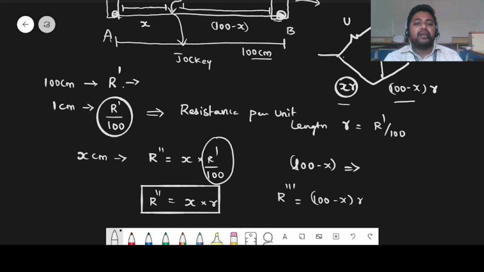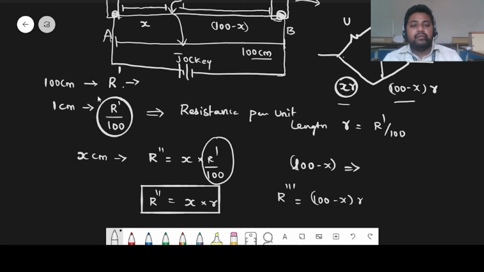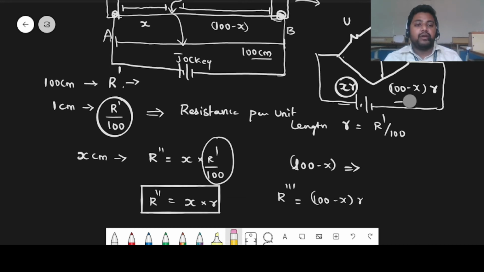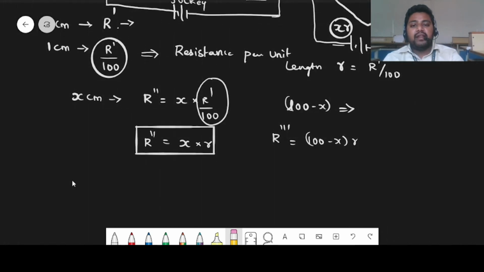Now we are connecting it to an external battery. Let's say this is where the external battery is connected. Through this, the current will be flowing. You can redraw this circuit to be like this. Now, this meter bridge is working on the principle of the Wheatstone bridge balancing equation.